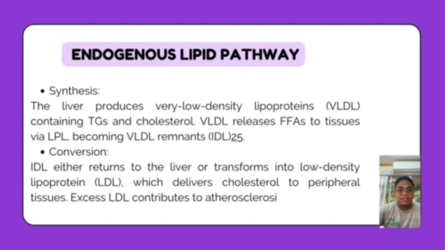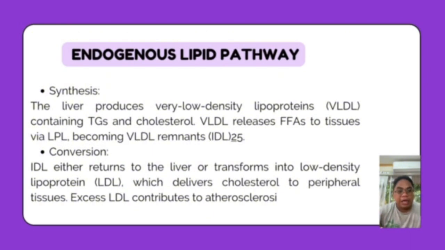The liver creates VLDL, a type of fat-carrying particle which travels through your bloodstream and drops off fats to your body cells with the help of the enzyme called LPL. As VLDL loses fat, it becomes IDL, which either goes back to the liver or turns into LDL.